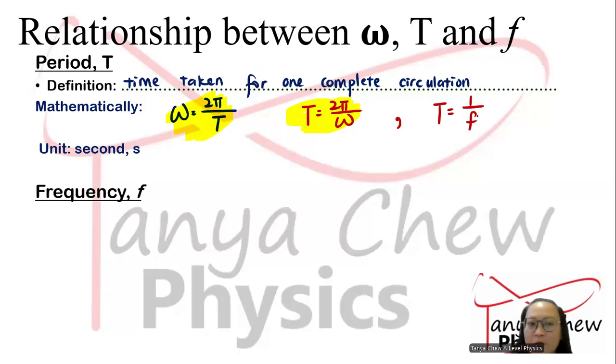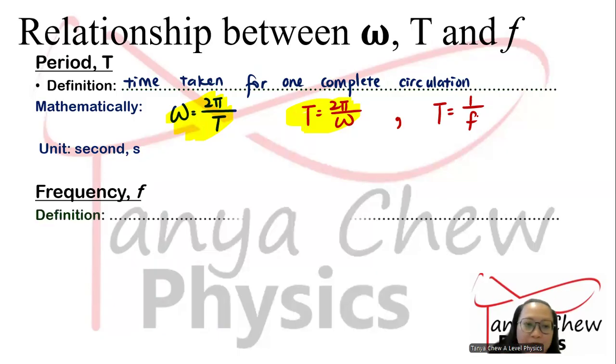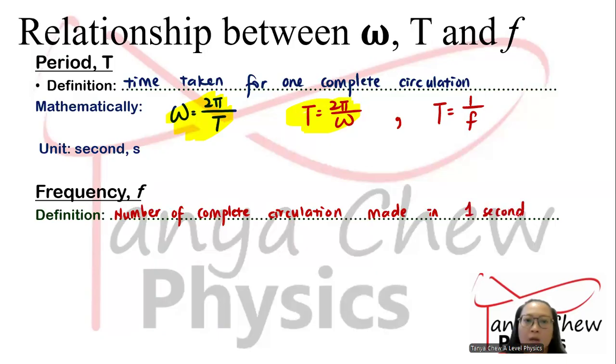Another thing is frequency. The symbol is small letter f. The definition is the number of complete circulations made in 1 second. For example, in 1 second, how many complete circulations have you made? That is frequency.